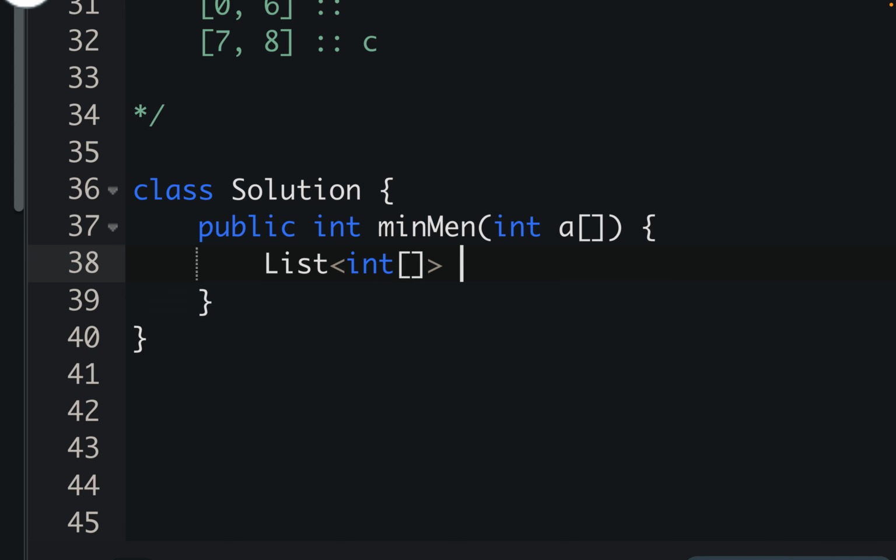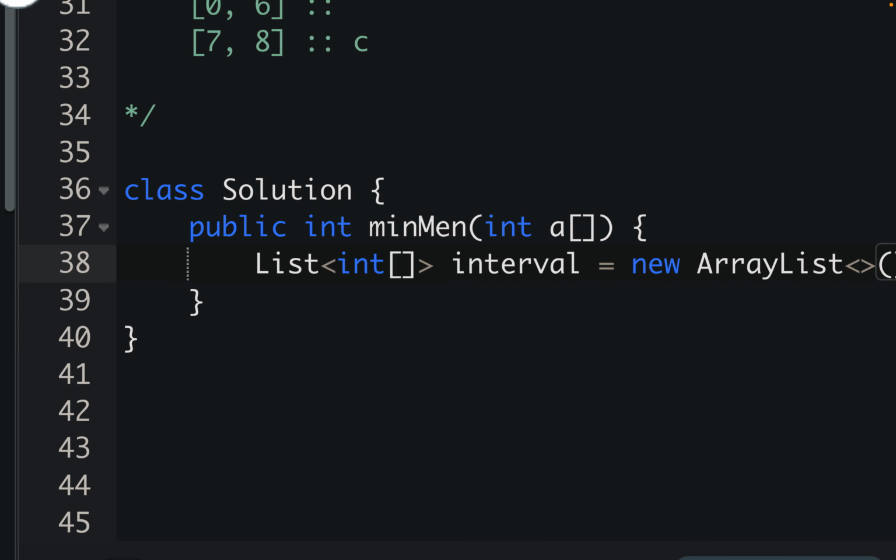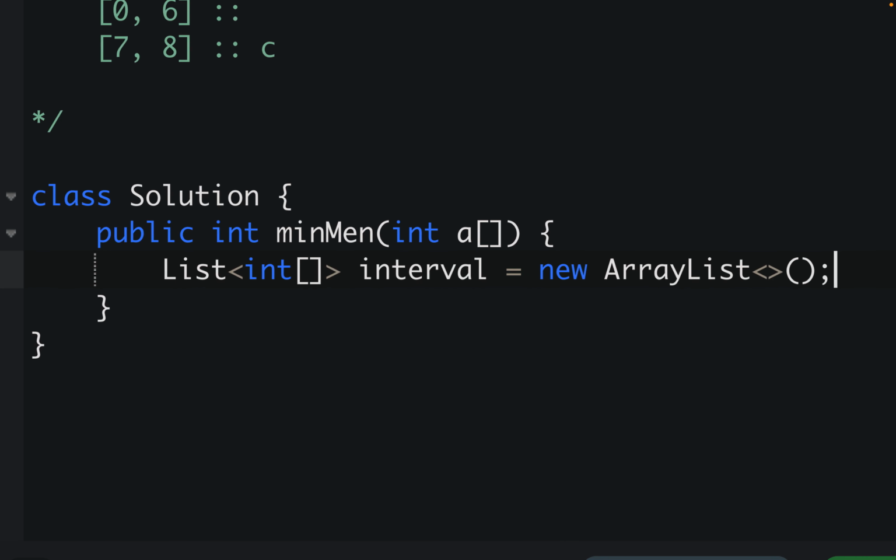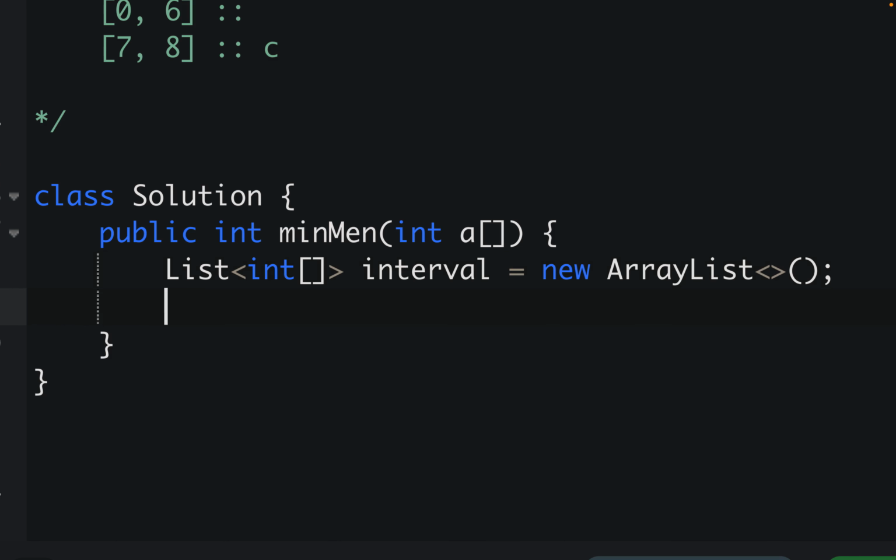We'll call it interval, equal to new list of array list of. Yeah, this is how my interval would look like. Next, what I wanted to do here is I wanted to iterate each and everything and fill the interval.